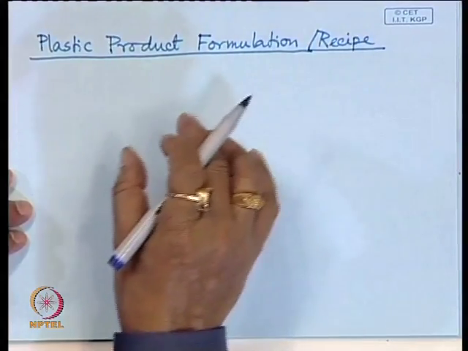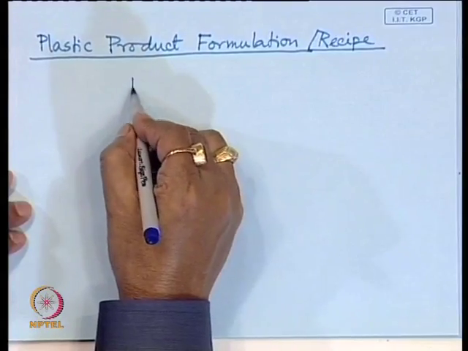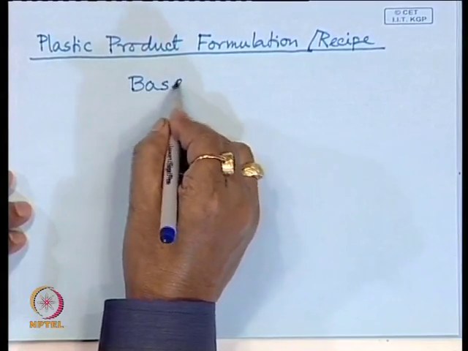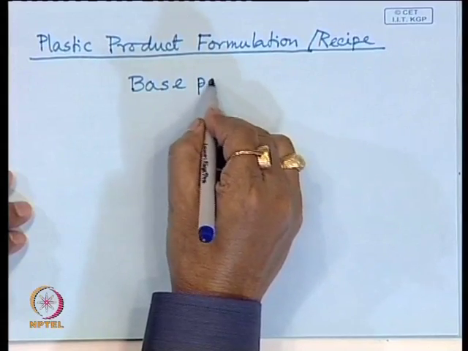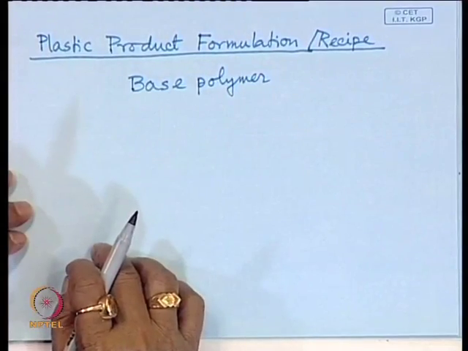That means, what would be the ingredients, in what amounts. Before making any product, you first go for a selection of these ingredients and their amounts. The first comes the base polymer for that particular plastic product.